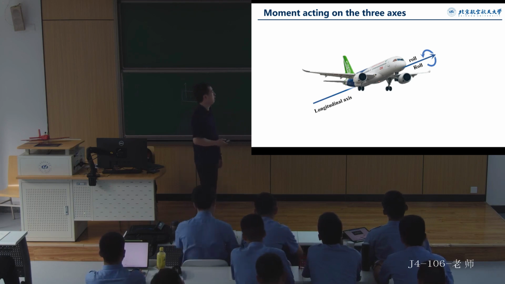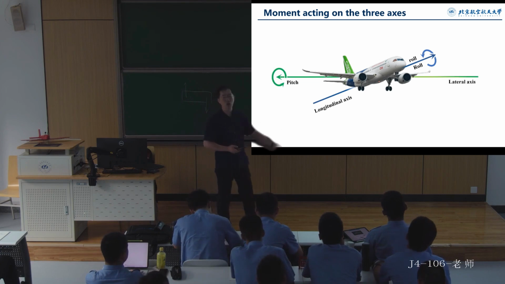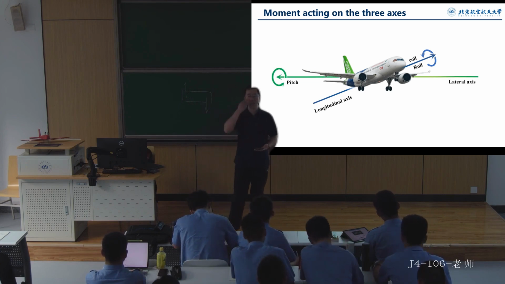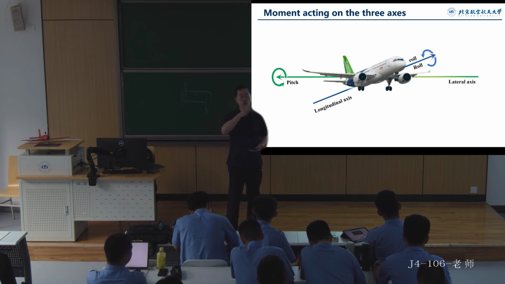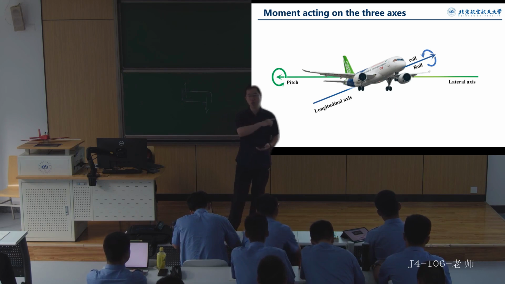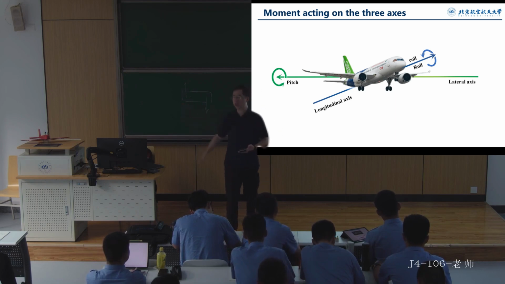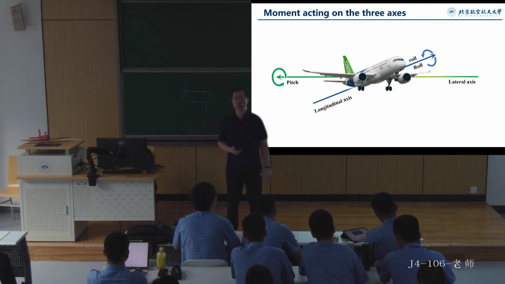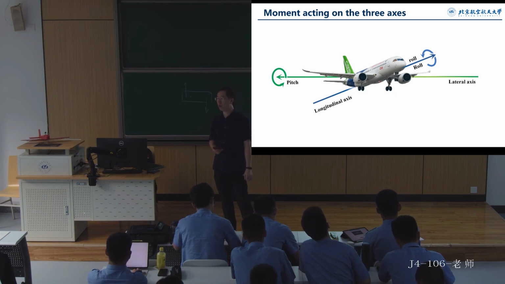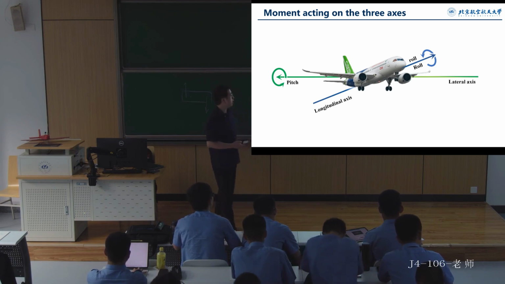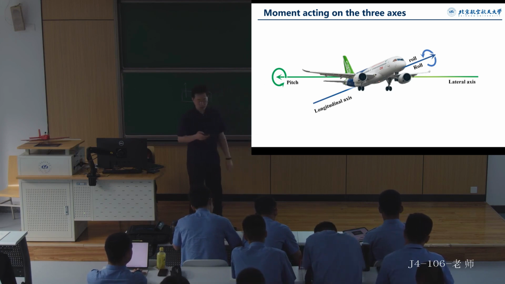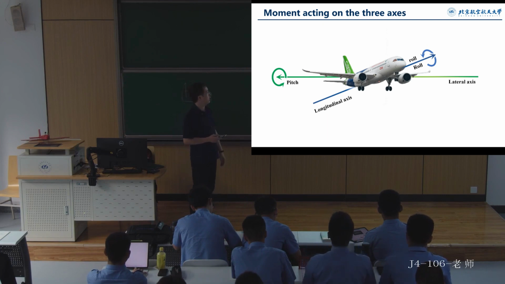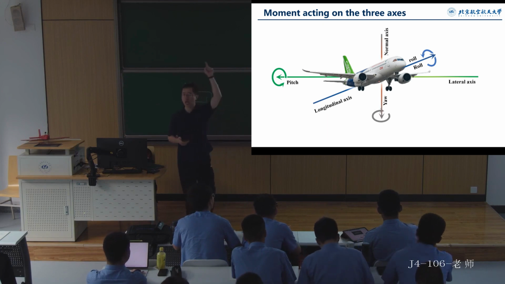Then we also have the lateral axis of the aircraft. The direction of the lateral axis is defined from the pilot's perspective as an axis running from left to right. See, the aircraft's rotation around the lateral axis is called pitch motion, right? The corresponding term is pitch. And finally, the last axis, the vertical axis, points from top to bottom.